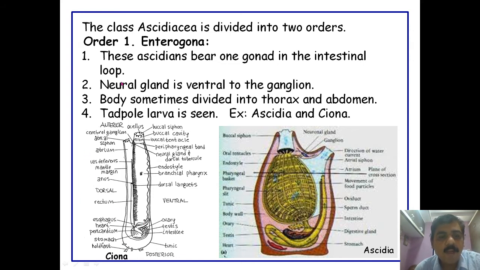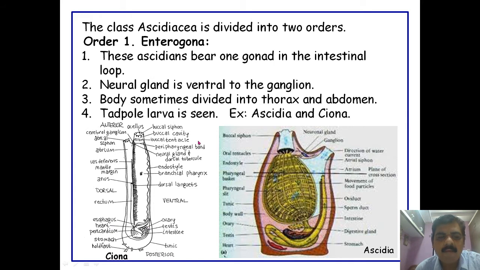This is the neural gland, which is ventral to the ganglion. The body is sometimes divided into a thorax region and an abdominal region.